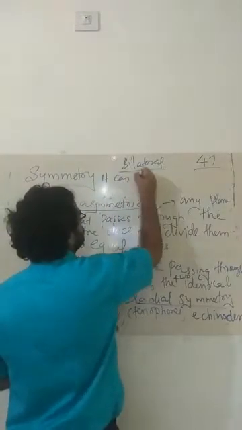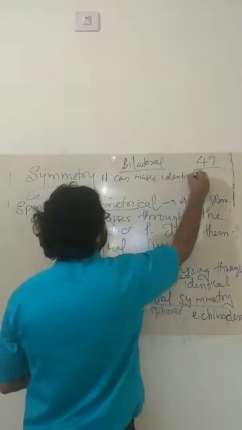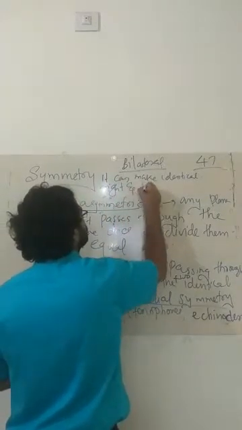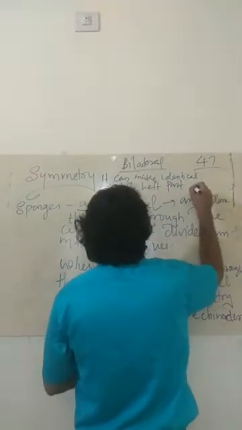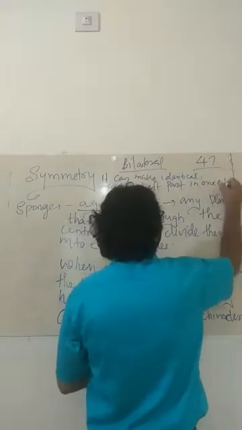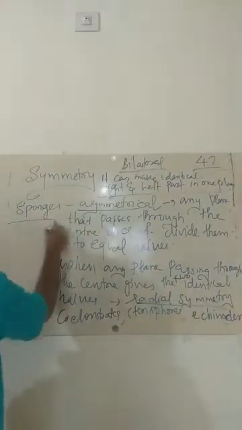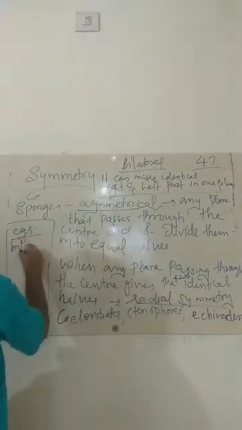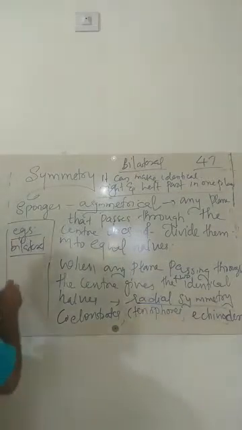That is known as bilateral symmetry, and examples are annelids and arthropods.